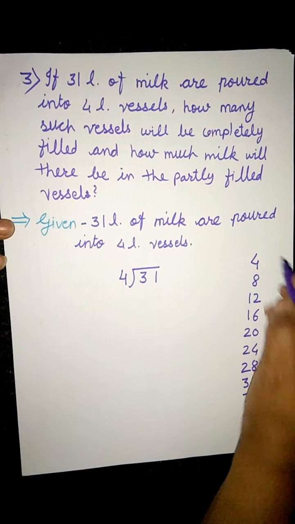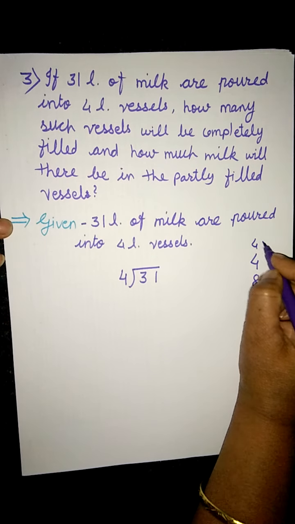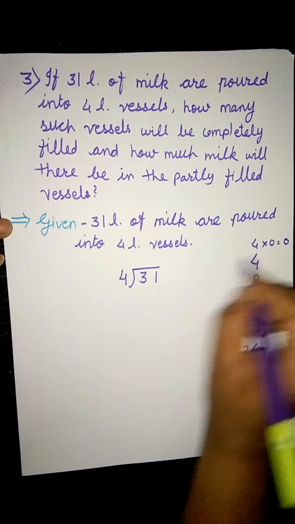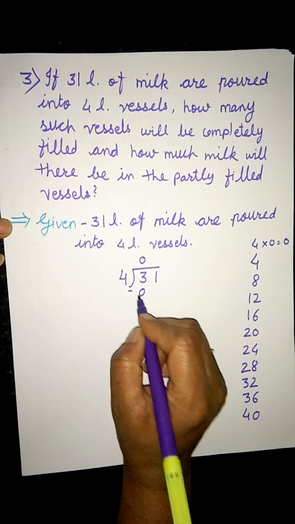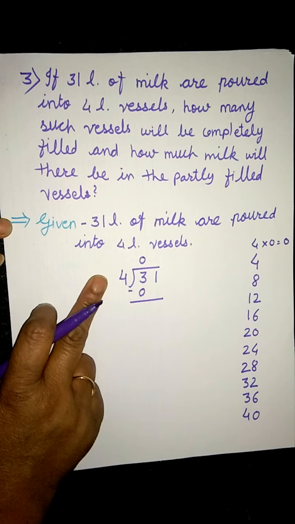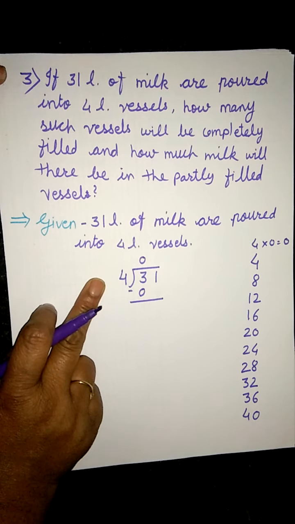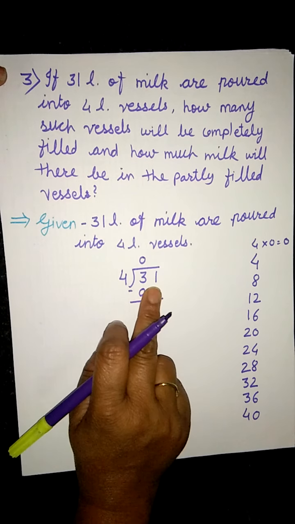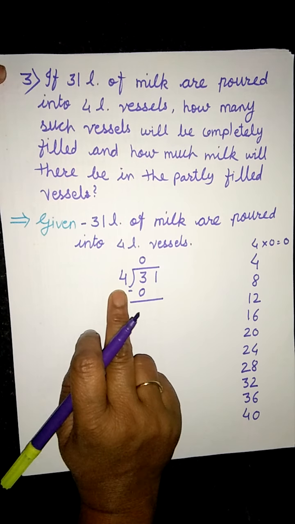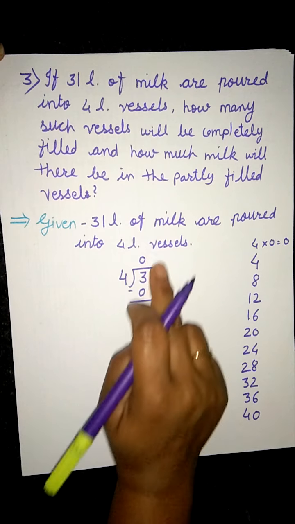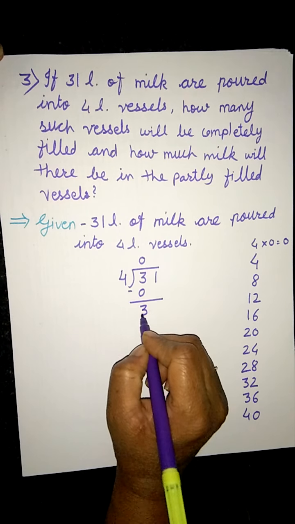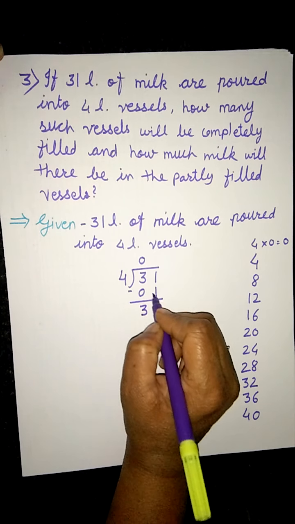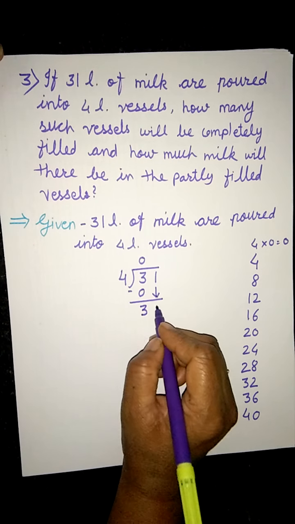So first of all we will multiply 4 zeros are 0. We divide 3 by 4. 4 zeros are 0. 3 minus 0, 3. Again put it here down.